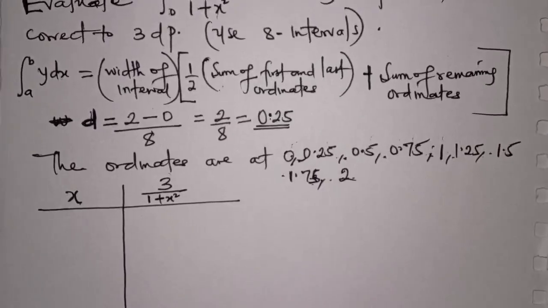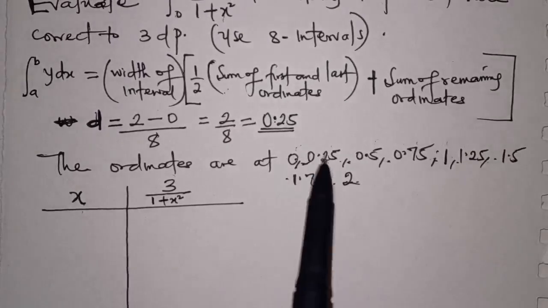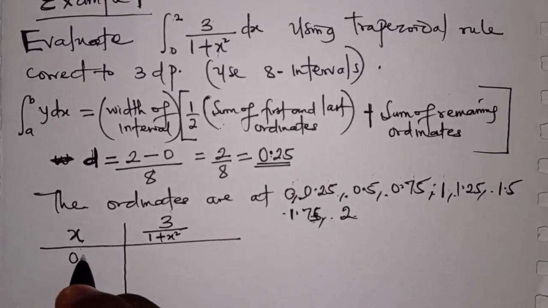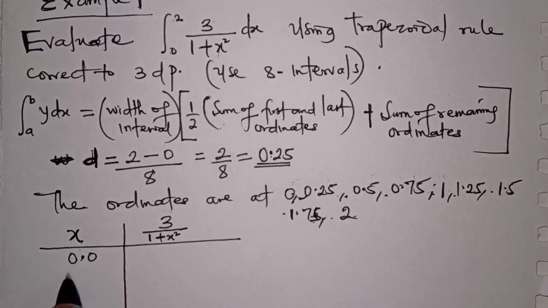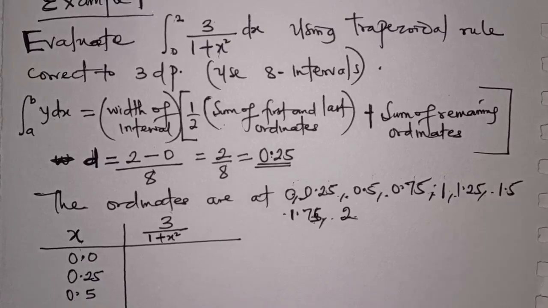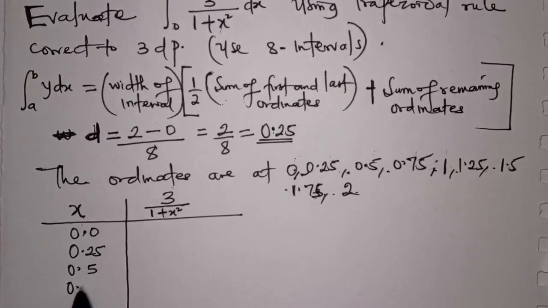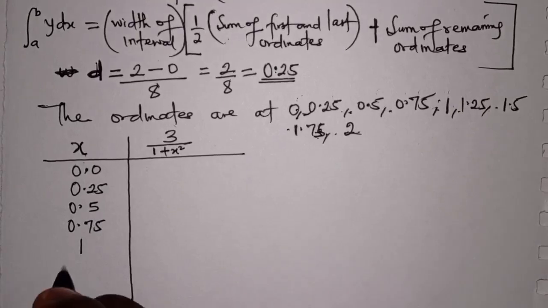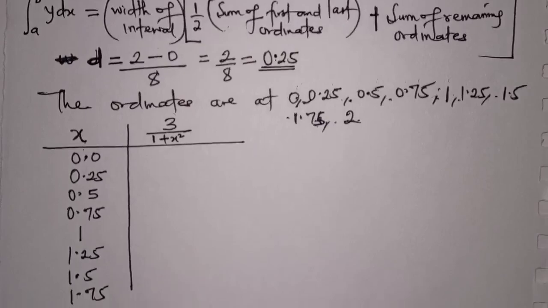In this column I'll write each of these ordinates: 0.0, 0.25, 0.5, 0.75, 1, 1.25, 1.5, 1.75, and the last one, which is 2.0.